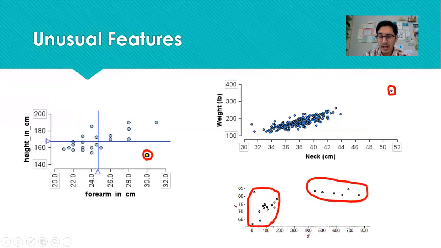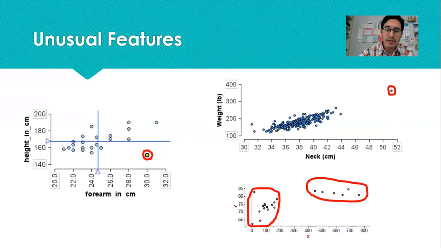You can think of it as these are first world countries, which have high wealth and tend to live long, and these are developing countries, which are not as wealthy, and average lifespan varies a bit more. So points that don't follow the pattern, points that are extreme, and clustering are the examples of unusual features that you'll see.